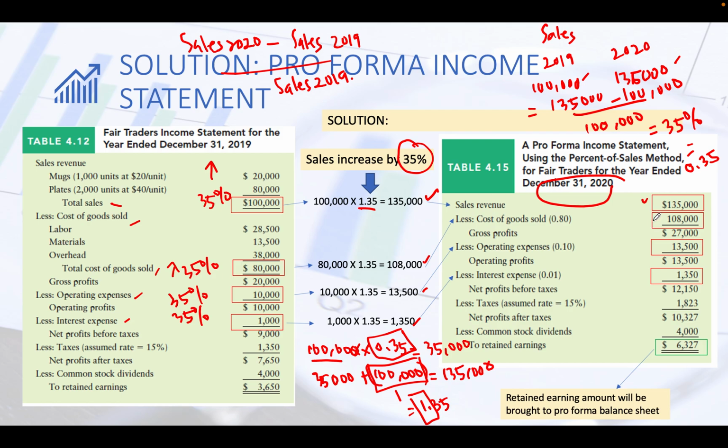Yeah? So, in that sense, item tersebut yang kita dah darabkan dengan 1.35 tadi, kita dapat yang ni. Kemudian tax ni adalah 50% out of net profit before tax. Lepas tu dividend 4,000. Dapatlah retained earning tadi. So this retained earning will go to balance sheet.